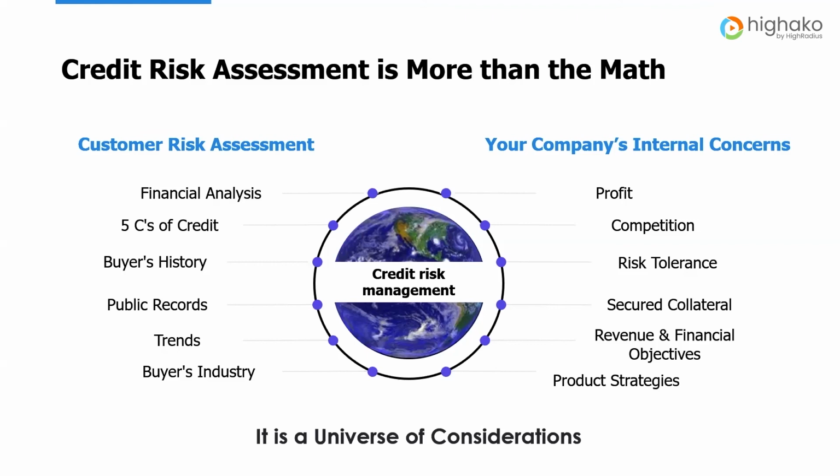Is this company that you're assessing buying a product that is end of life or a product that is new and there's a lot of demand for, and that could shade your opinion as well. So putting it in the context of your customer risk assessment and what are the internal concerns and drivers within your own company, those are all considerations in a thorough credit analysis.